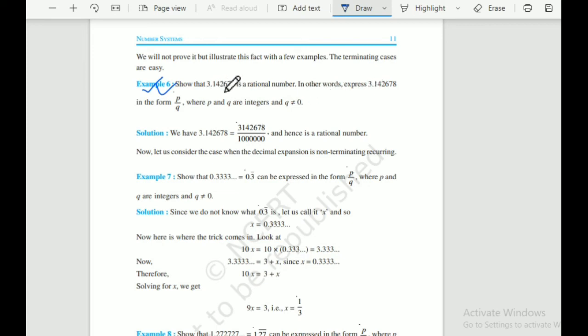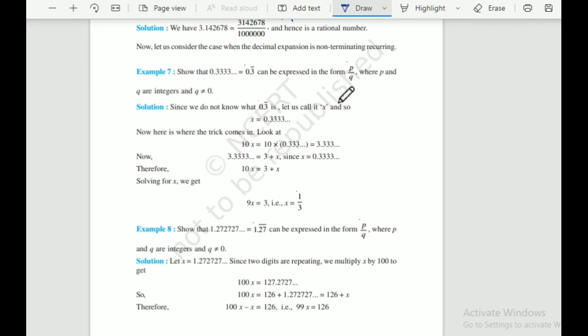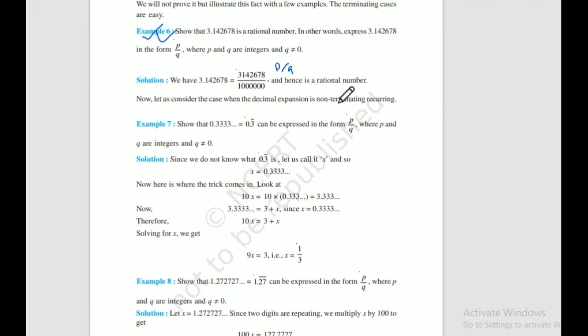This is terminating, so you just write 1, then 1 2 3 4 5 6 zeros, because after the decimal point there are 6 digits, so write 1 and then 6 zeros, and you get this number as p by q. So this is a rational number. So very easy. Example 6 was very easy, isn't it?